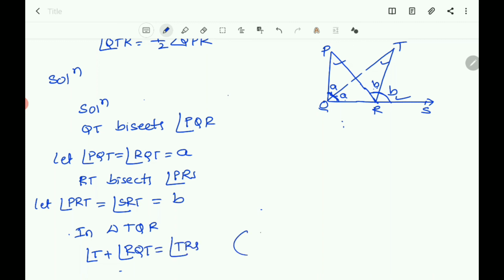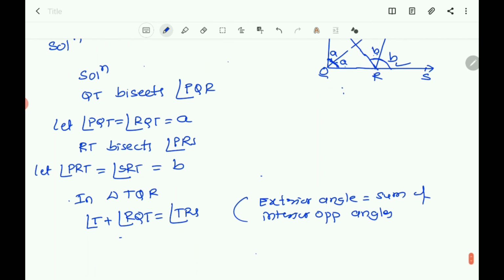You know that an exterior angle equals the sum of interior opposite angles. So that is angle T plus angle RQT.